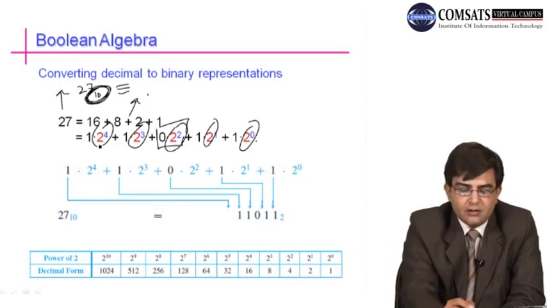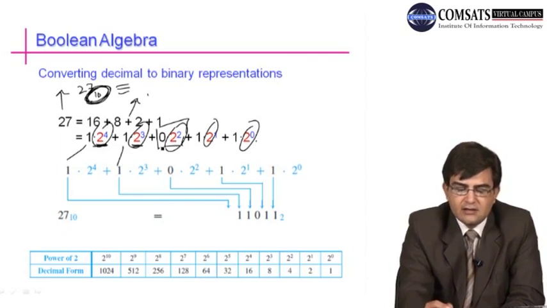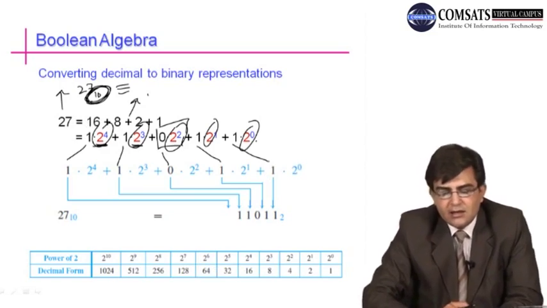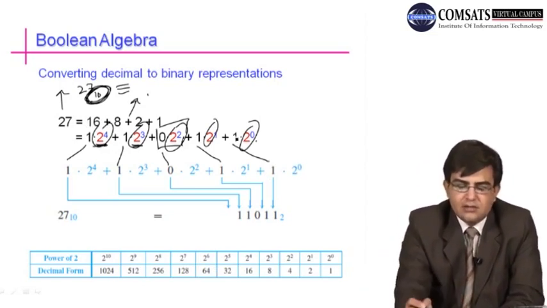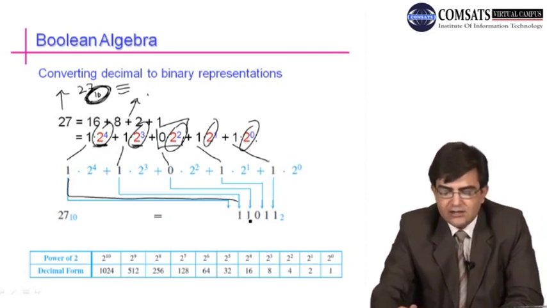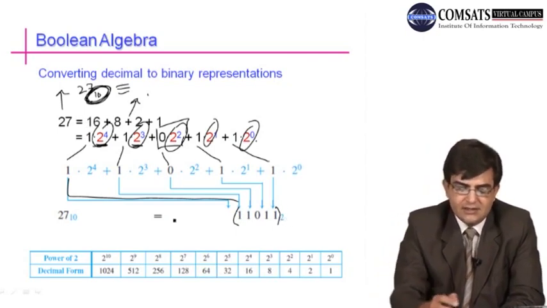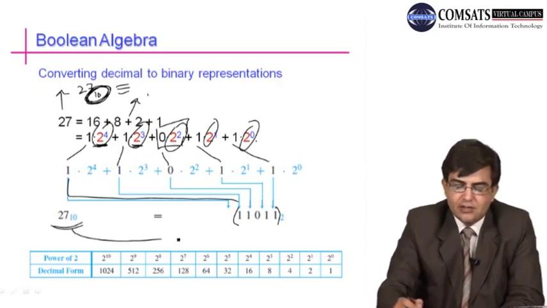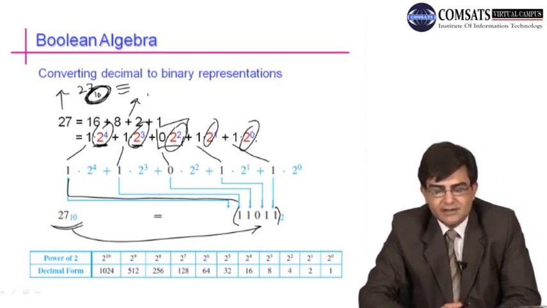Now the coefficients of these powers: here 1, here 0, here 1, here 1. So the coefficients of these increasing powers of 2 we can write here as 1, 1, 0, 1, 1, and the base of this number will be 2, and this is basically the equivalent form of 27 in binary representation.